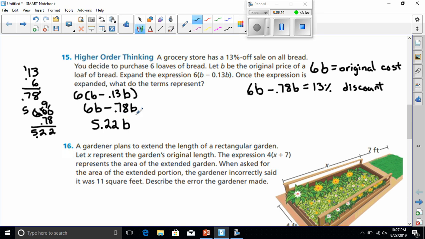So, whereas before I was paying 6 times whatever the original cost is, this time I'm going to pay 5.22 times B, and that's going to tell me the new price. So 5.22 B is going to equal the new price, new cost.